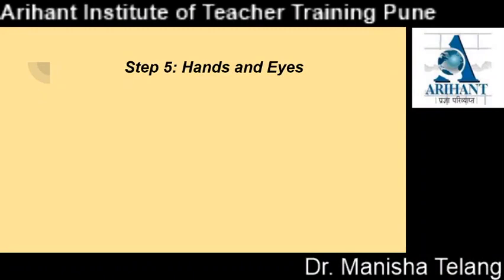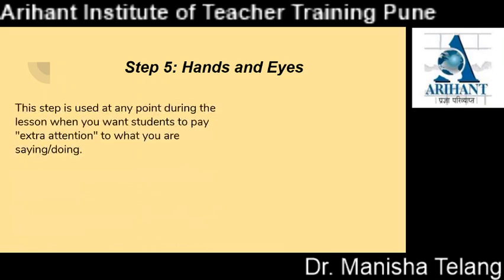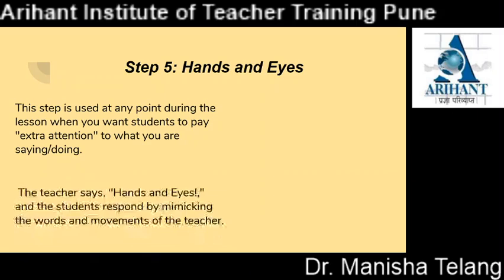The fifth step is hands and eyes. This step is for focusing on the important points which you may be emphasizing or repeating during the lesson. It is used when the teacher wants the students to pay extra attention to what she is saying.